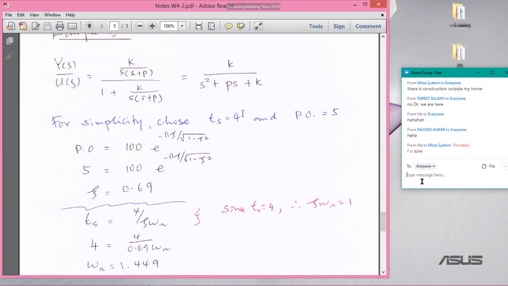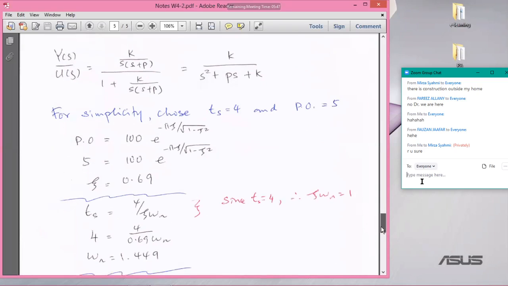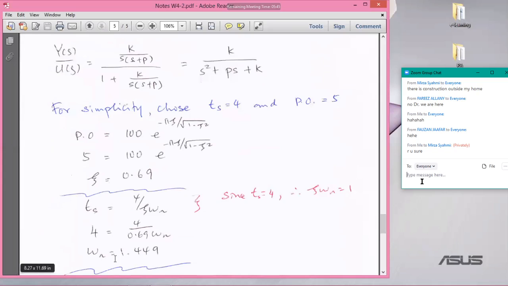If you want the settling time to be 4 seconds, settling time is 4 divided by zeta omega n, and then you get omega n equal to 1.44. So now you have omega n and damping ratio.